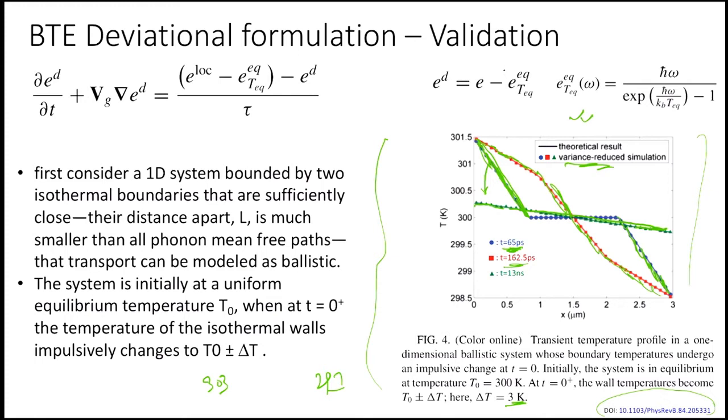Even for this small temperature difference, our error is not much compared to theoretical. The markers quite overlap with the theoretical solution. This way, in this paper, they verified that the deviational formulation works and is quite precise. The standard deviation, the statistical uncertainty, is really quite low.